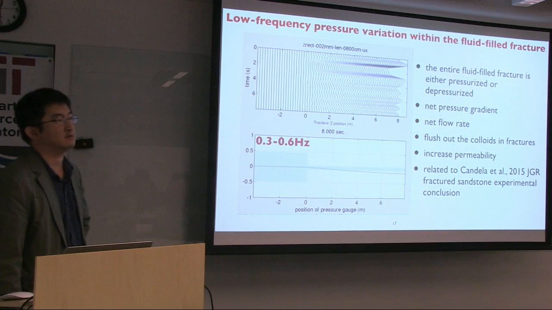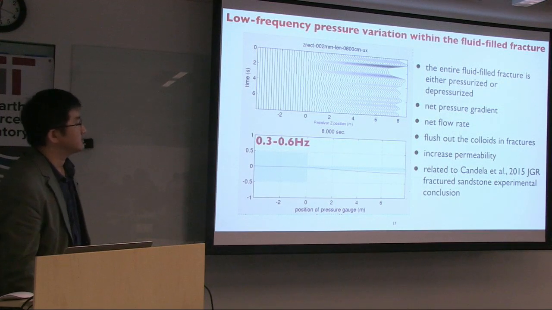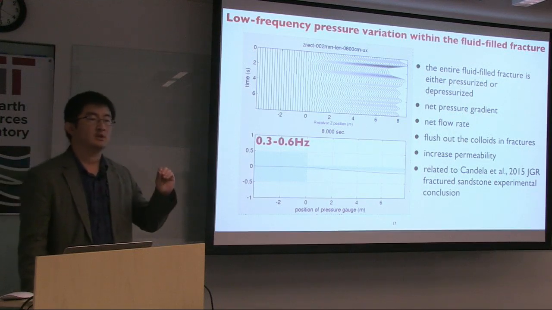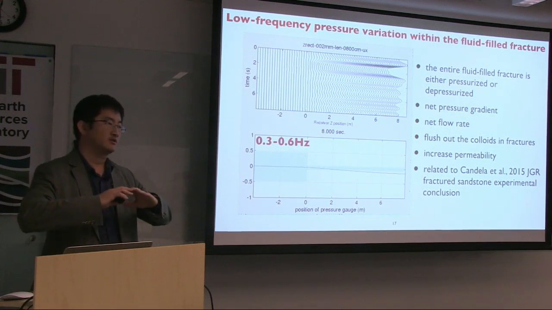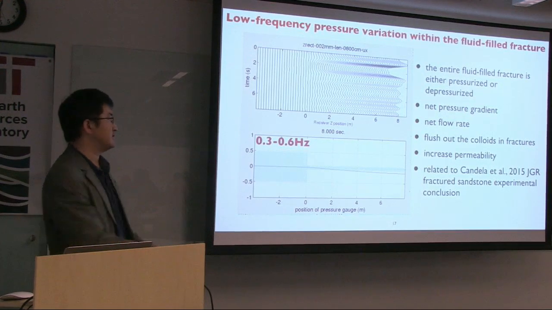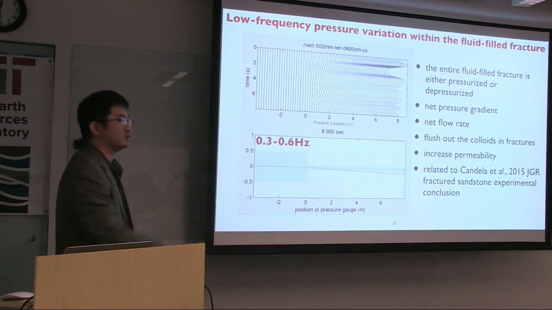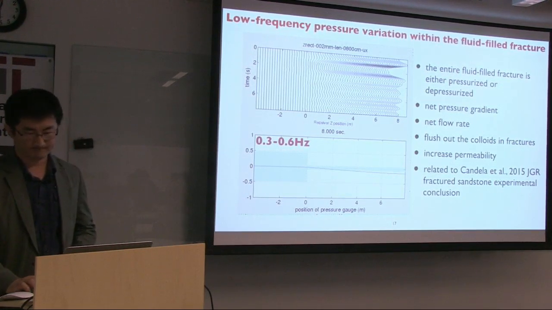Okay, that's the theory here: when we have low frequency incidence at the right frequency, the entire fracture pressure gets increased or decreased simultaneously. Of course, this end is going to be more, so that's why you have the gradient of the pressure.